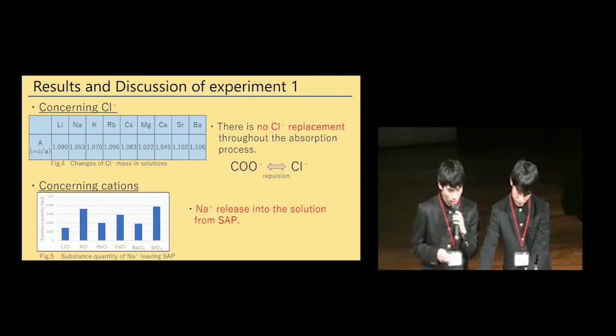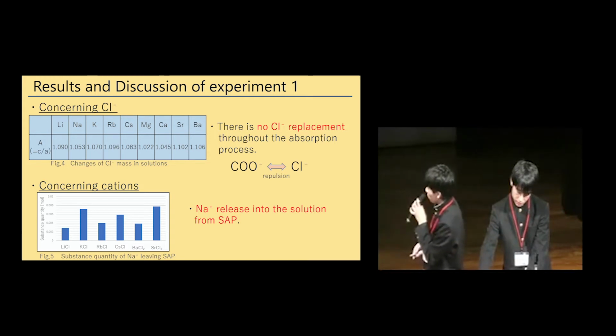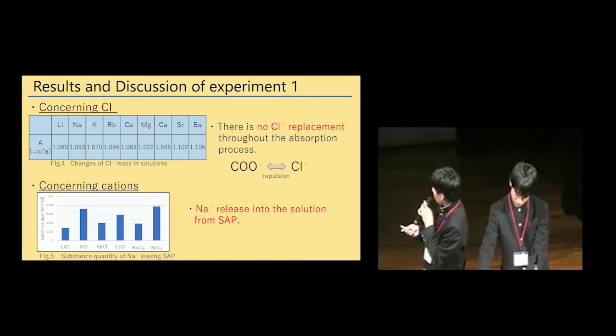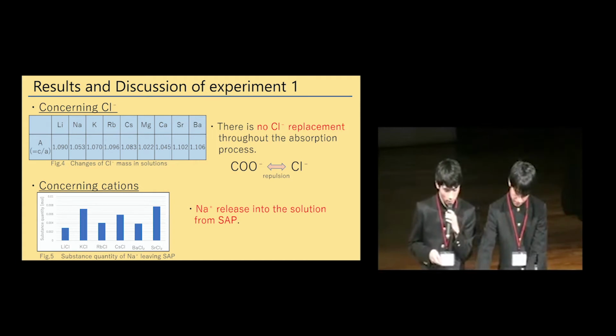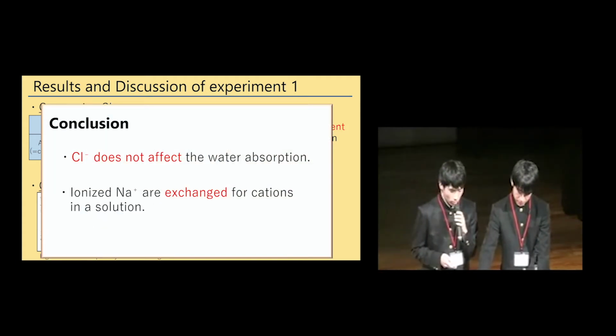About cations, figure 5 shows the number of sodium ions released into the solution from SAP. Though there is some variation, you can see sodium ions are exchanged throughout the absorption process. Conclusion, we find that chloride ion doesn't affect the water absorption, which indicates that sodium ion is the ion that does affect the water absorption.